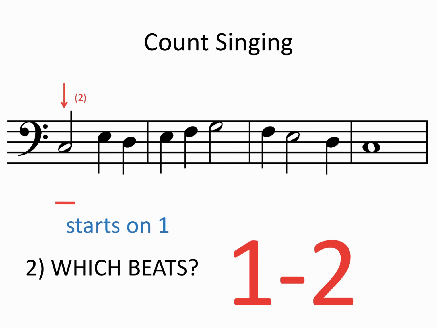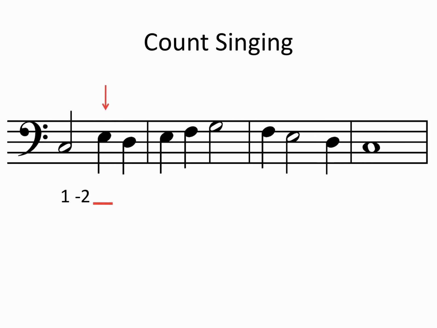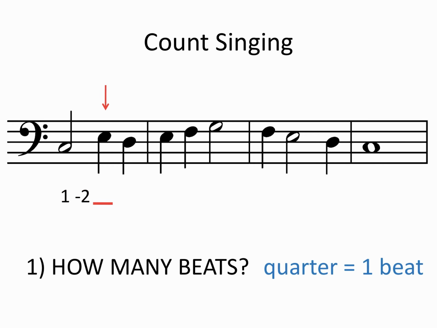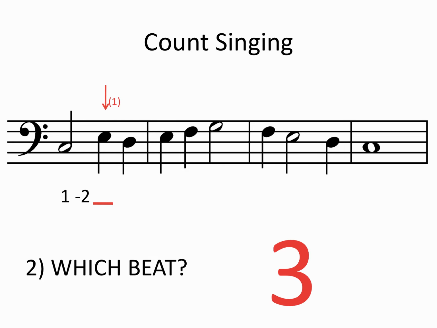In this case, since it starts on beat 1 and lasts for 2 beats, it gets beats 1 and 2. Then we move to the next beat and ask the same 2 questions. The next beat is a quarter note, so it gets 1 beat. And the next available beat is beat 3, so that's where it goes.